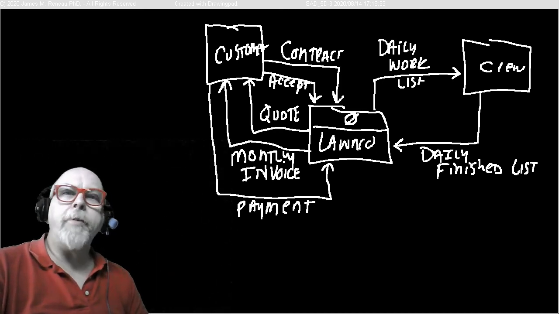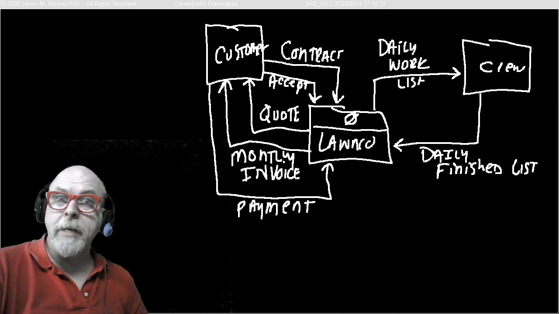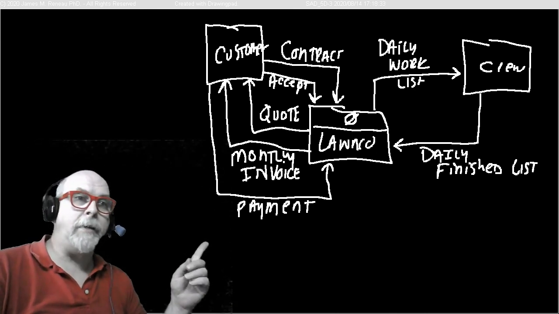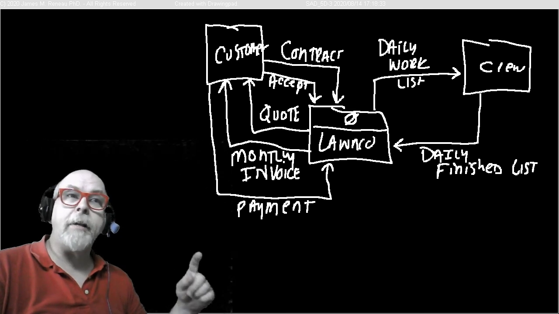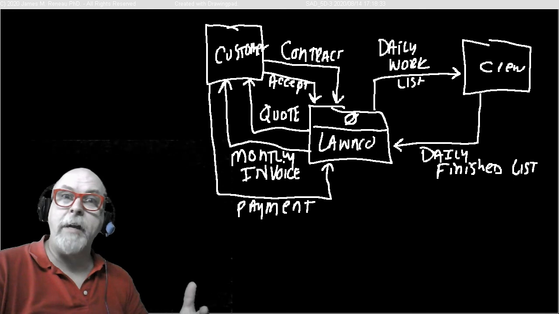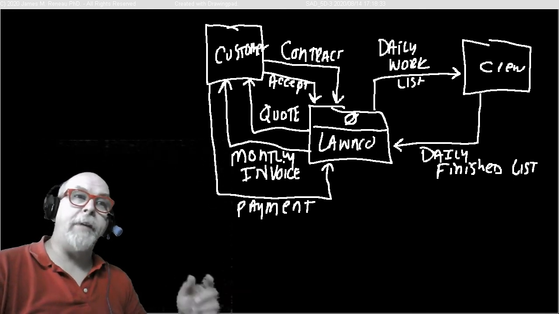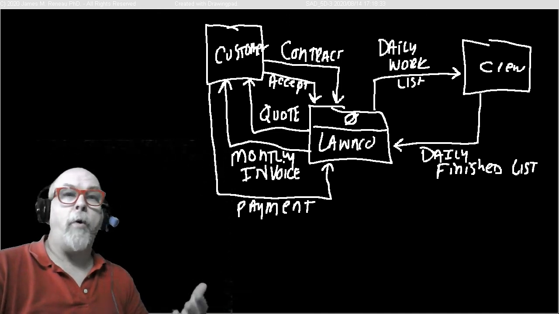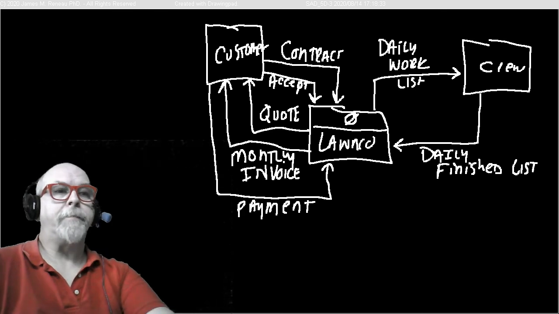Another entity, and the only other entity that I saw in the problem as written, was the crews that we send out. And the crews get their daily work list and send in every evening when they bring the equipment back, and they clock out, their daily finish list of all the work they've done or all the work they haven't done.